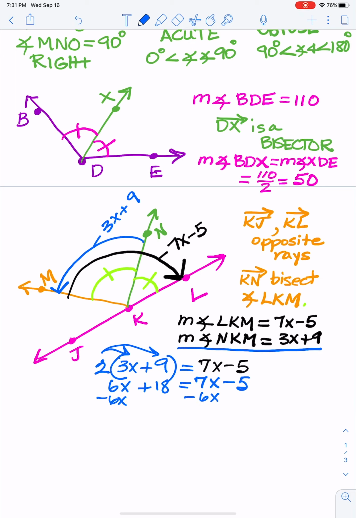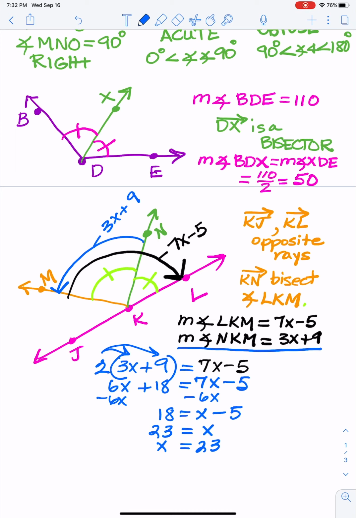Subtract the 6x from both sides. And then add your 5. And that's going to be 23. X is 23.